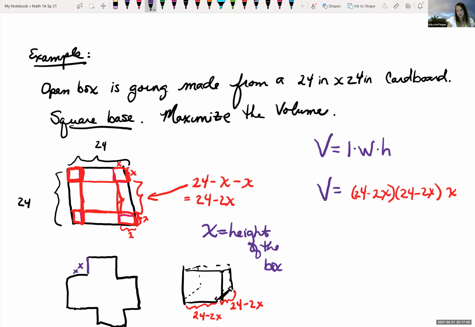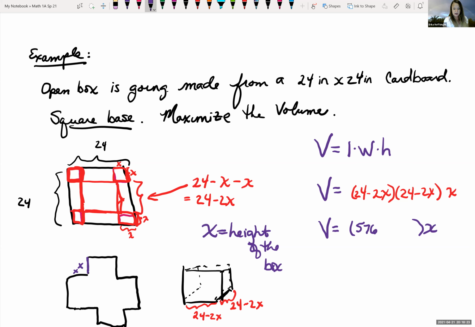I could use the product rule multiple times to do this, or we can first expand. So let's first expand this out and then take the derivative. So let's look at 24 times 24. That's going to give us 576. 24 times negative 2x, that's a negative 48x.